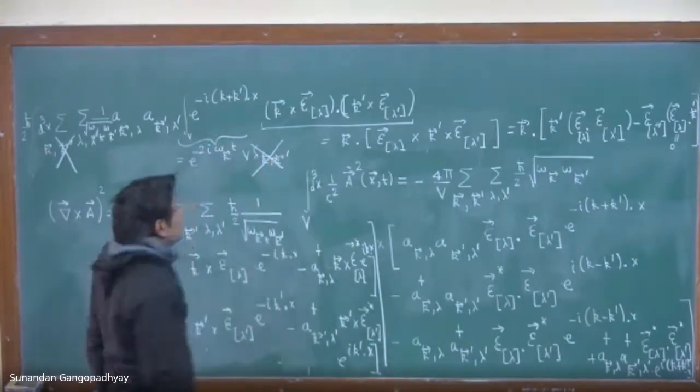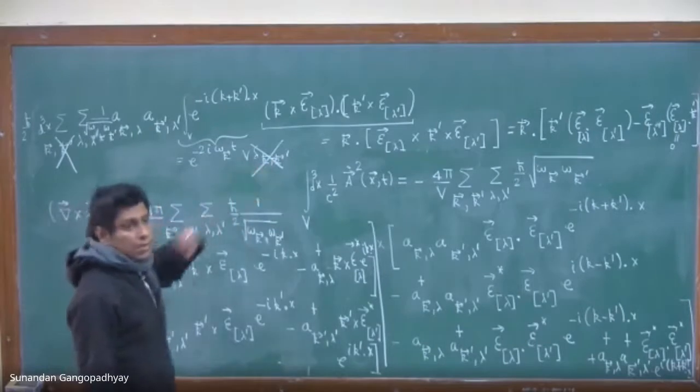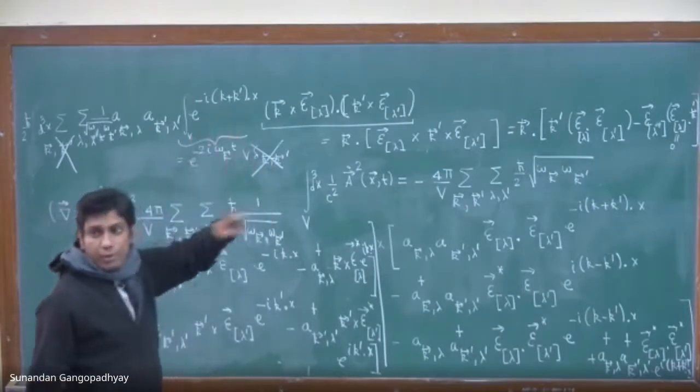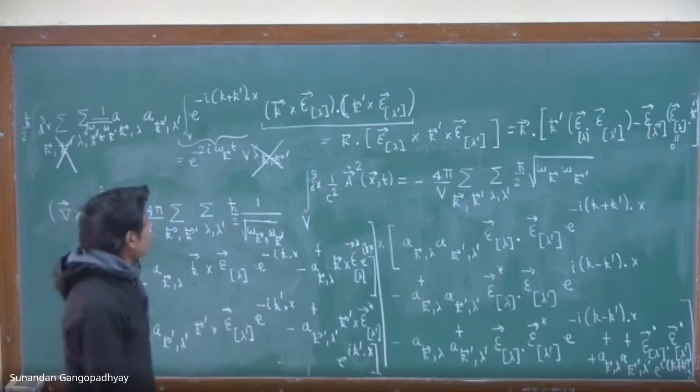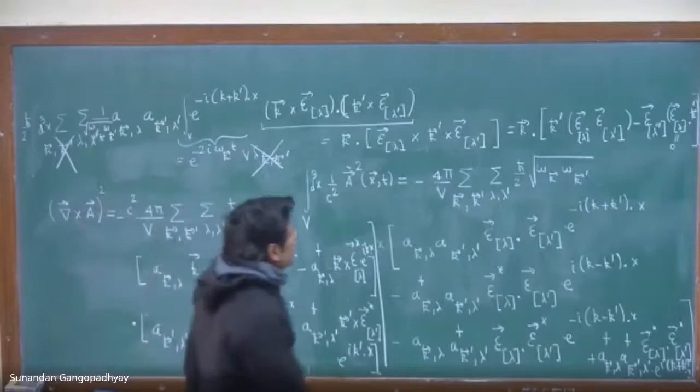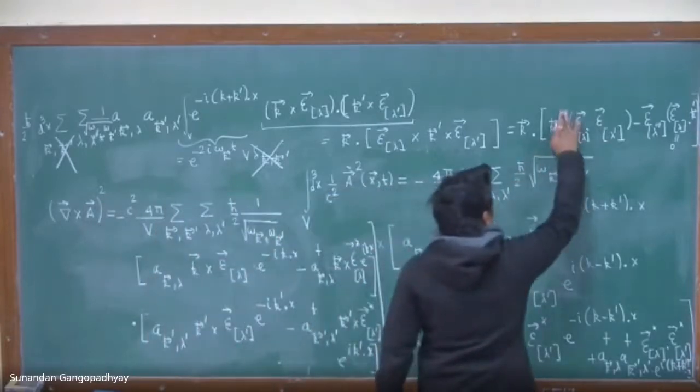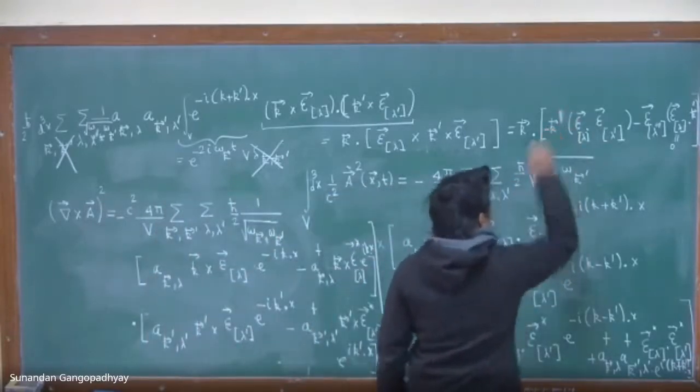That should be 0: k vector plus k prime vector should be 0. So k vector is minus of k prime vector.